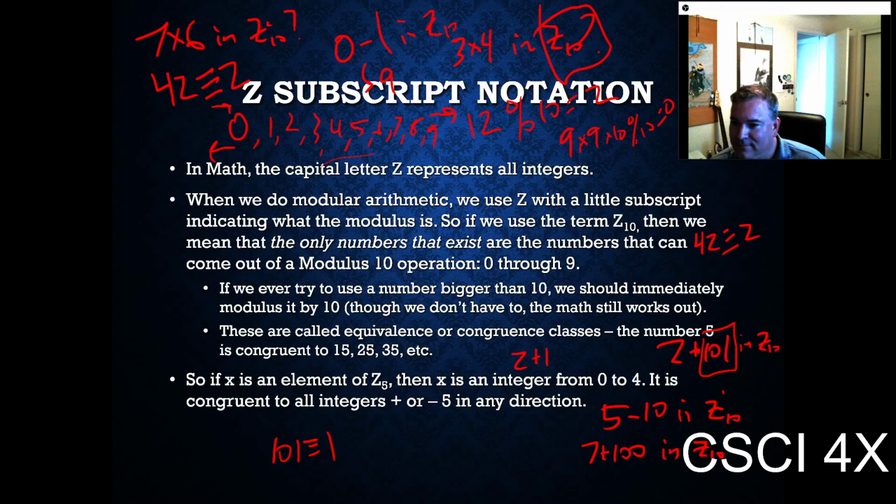All right. Let's give you a real problem. 1 million billion trillion and 7 plus 1 million billion trillion. Those are all zeros, by the way. Plus 1 million billion trillion and 9, in Z10, obviously.